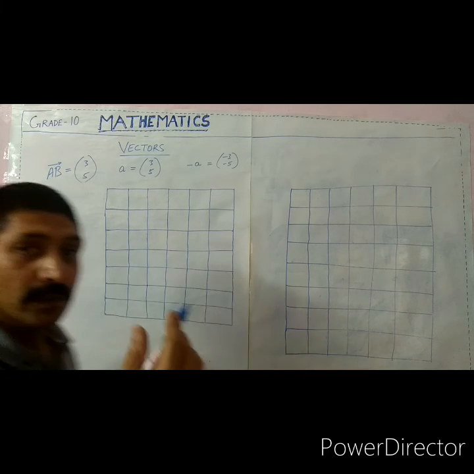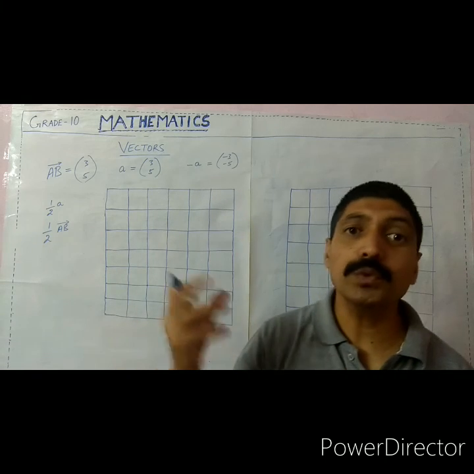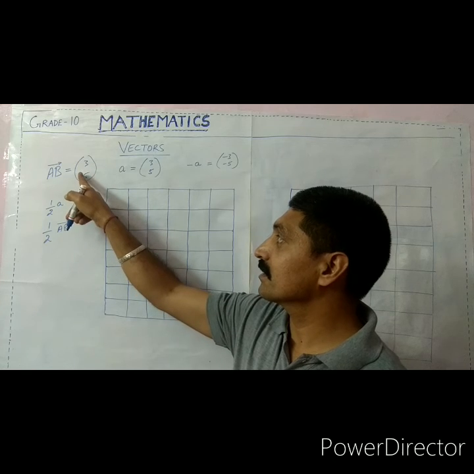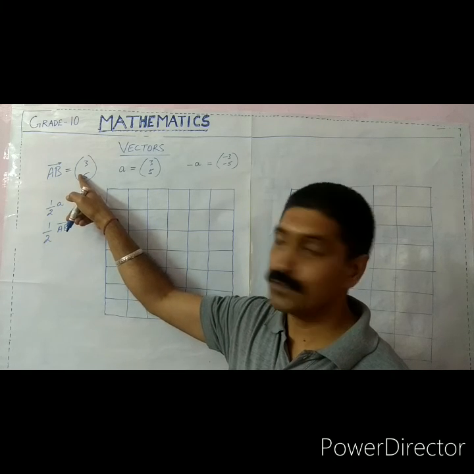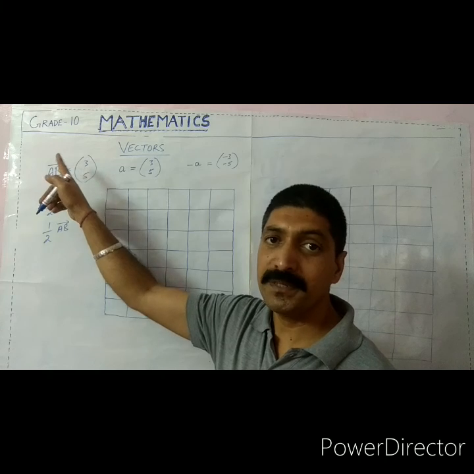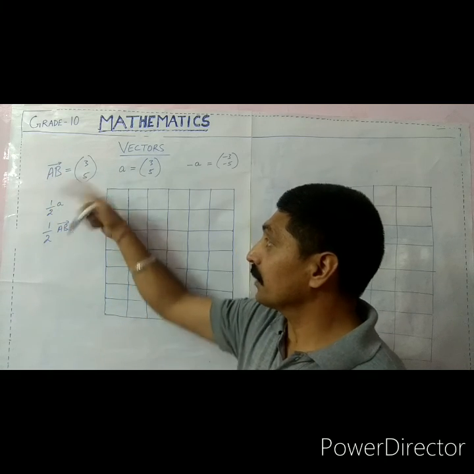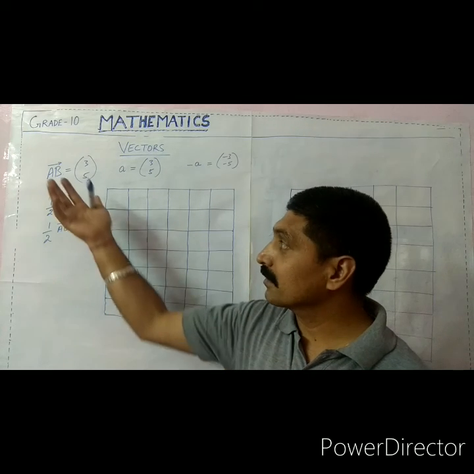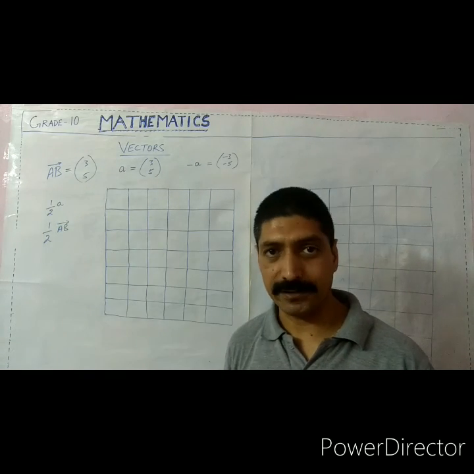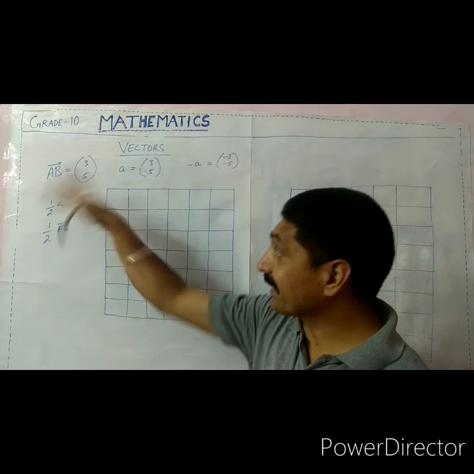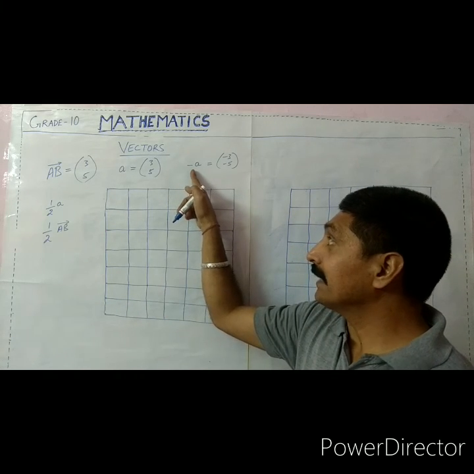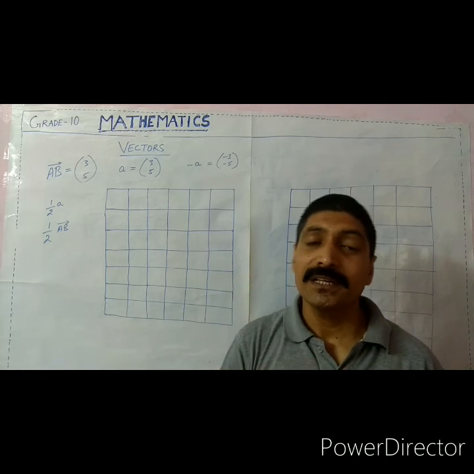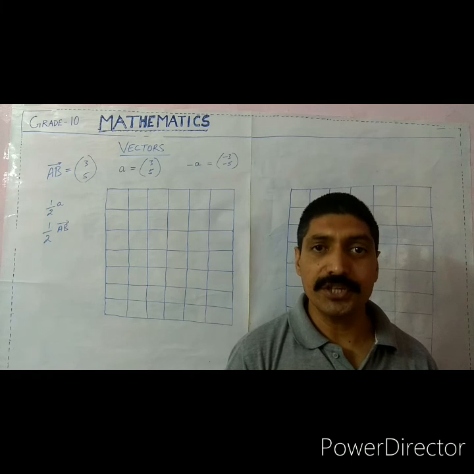If we multiply by 2, twice of AB will be 2 into 3 is 6, 2 into 5 is 10, so the new vector 2AB is twice of AB. If we multiply with 3, then it is 3 times the vector. And for the negative of a vector, the length of the vector remains the same, but the direction will change.